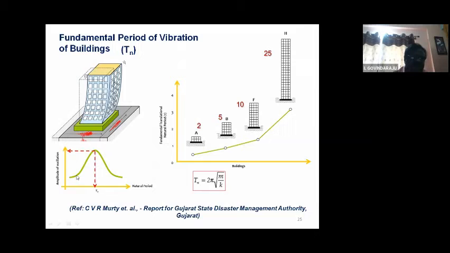As the vibration continues, the amplitude of motion or oscillation increases and again comes down. We can consider this as the maximum response.